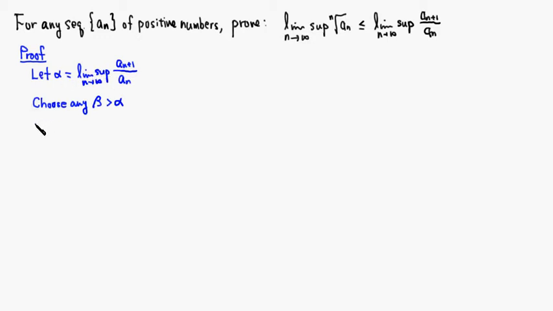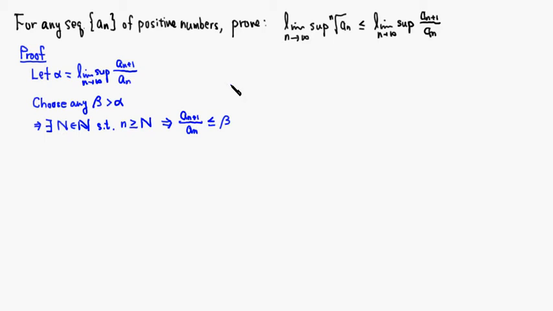So we know that there exists some natural number capital N such that as long as n is greater than or equal to capital N, this guarantees that a_{n+1} over a_n is less than or equal to beta.